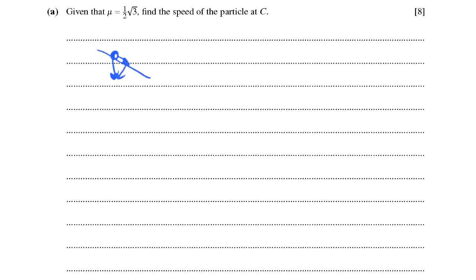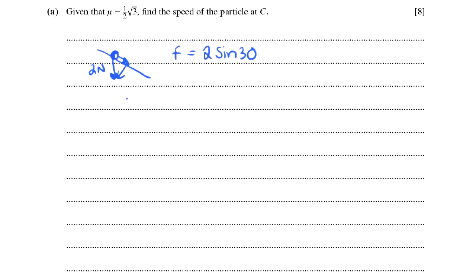So the weight of the particle, well, the mass is 0.2. All right, so the weight is 2, and the angle is 30, so the force down the plane is going to equal the weight times sine of the angle, sine 30.